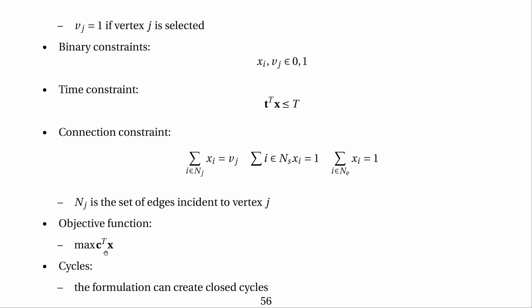But alternatively, one can use a method that lazily adds constraints. So one could just solve this problem, then check for cycles, and then lazily add constraints that explicitly forbid all the variables to be selected simultaneously that form a cycle.